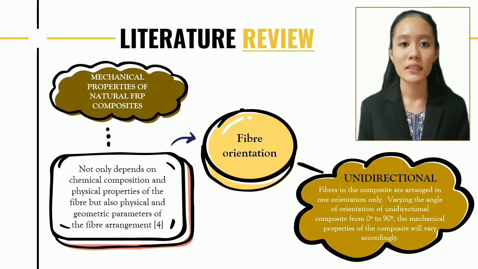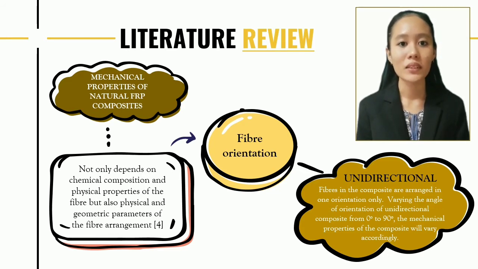Fiber orientation is found to be the key in controlling the mechanical properties of the composites. The most common orientations in fiber reinforced composites are unidirectional, random, bidirectional, and multidirectional. In this project, only unidirectional fiber composite will be studied.